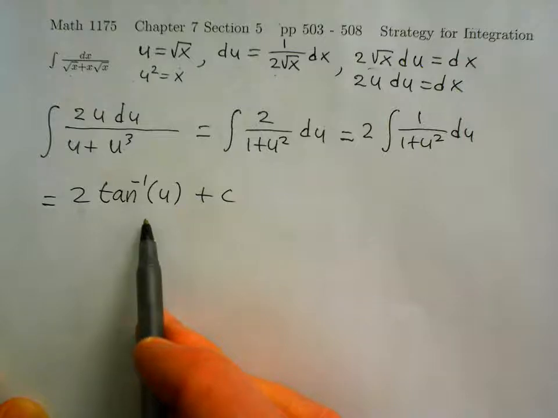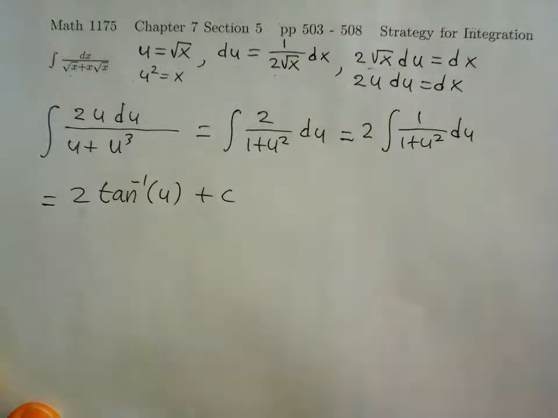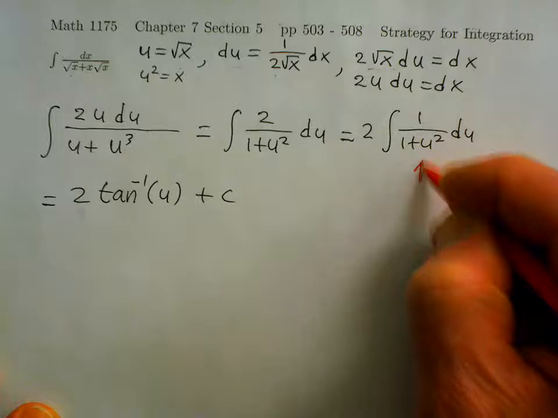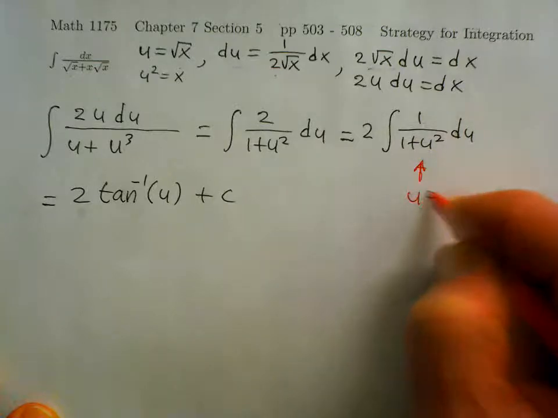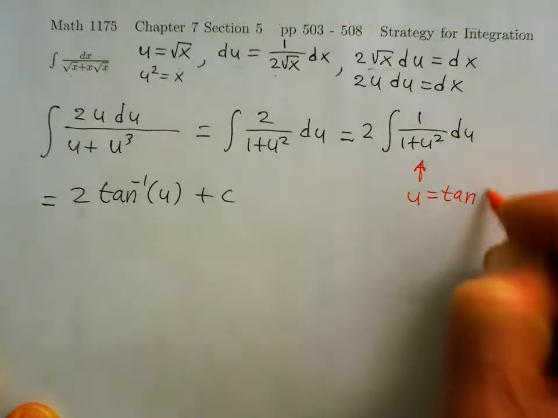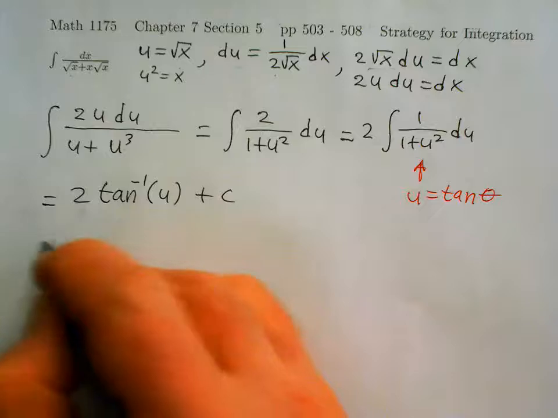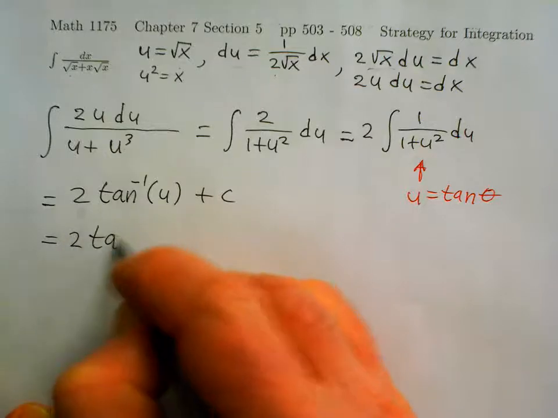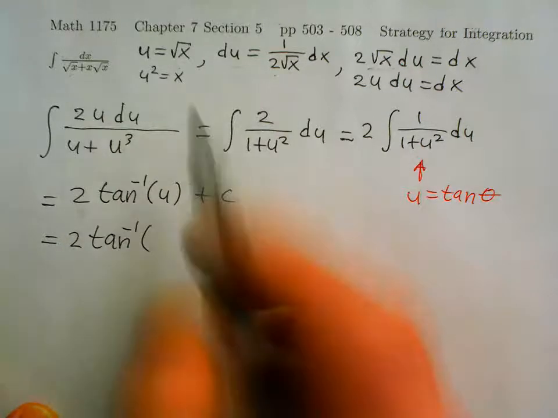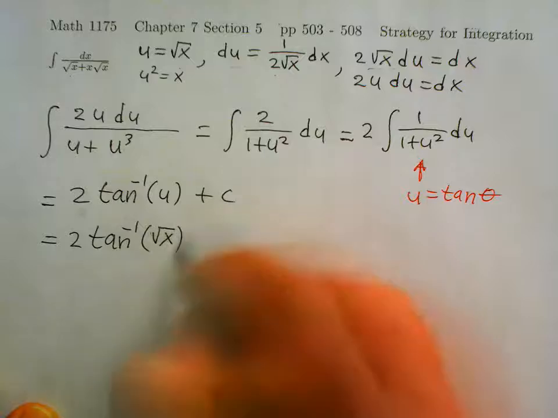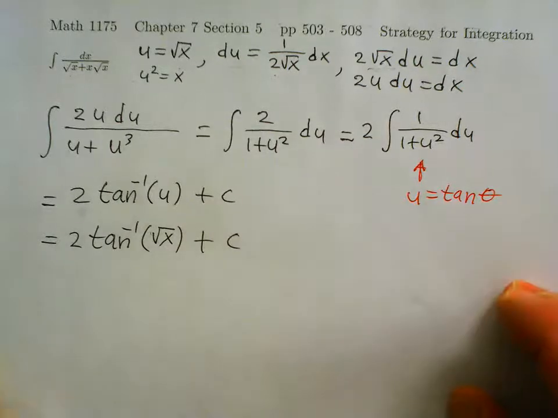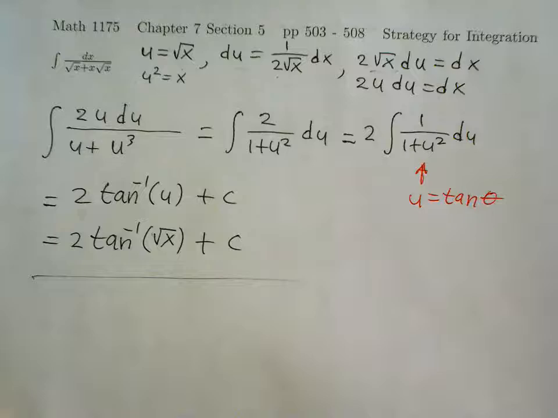If you don't remember that, you can derive it by using a trig substitution. You can assign u to be tangent of theta, and so on. But we have to remember that u is our temporary substitution, so we replace u with the square root of x. So that's all there is to that.